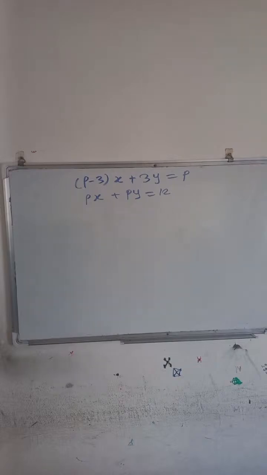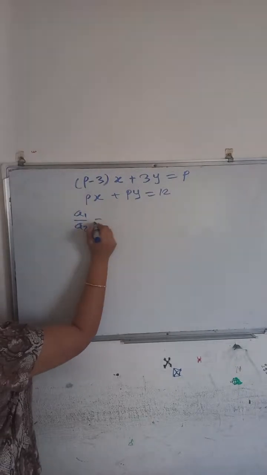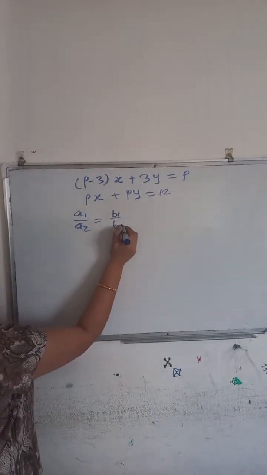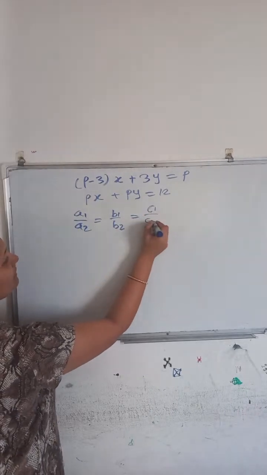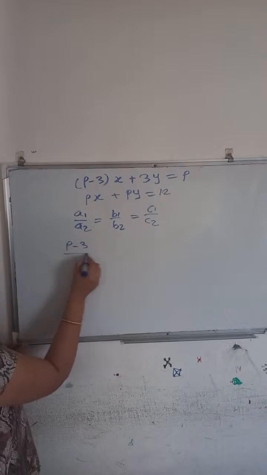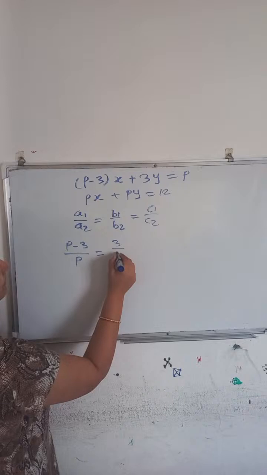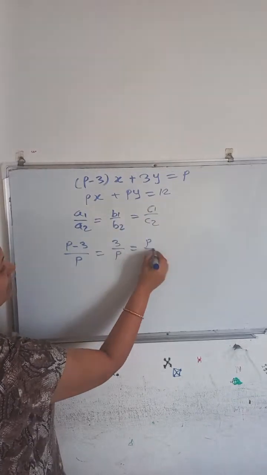Okay, what is the answer? Infinitely many solutions means we have the condition a1 by a2 equals b1 by b2 equals c1 by c2. So here a1 by a2 is p minus 3 by p, equal to 3 by p, and this is p by 12.